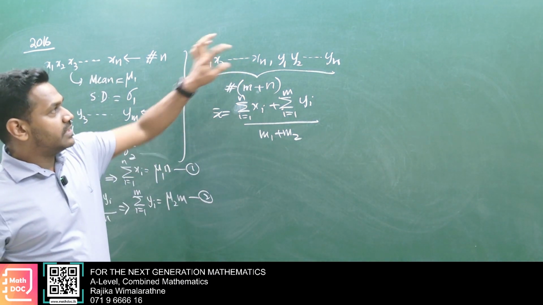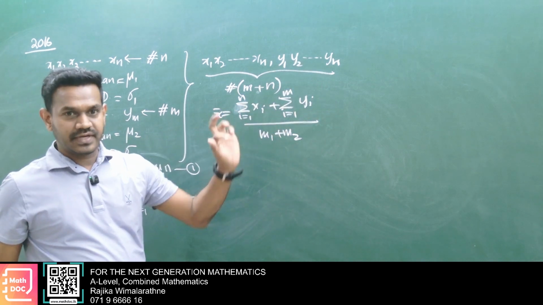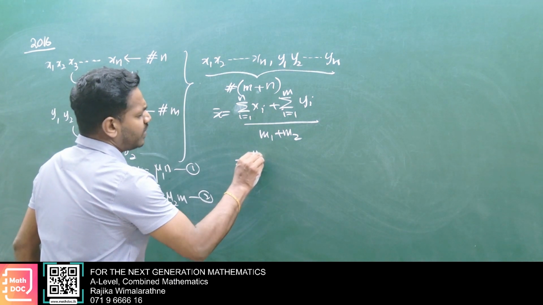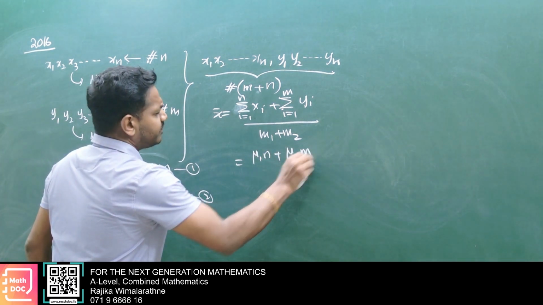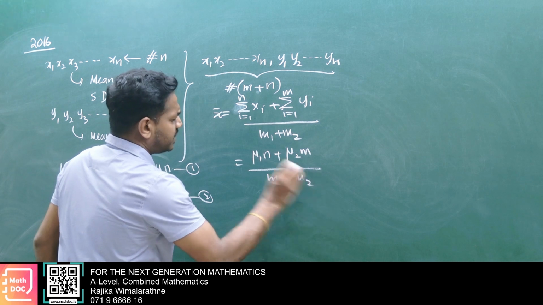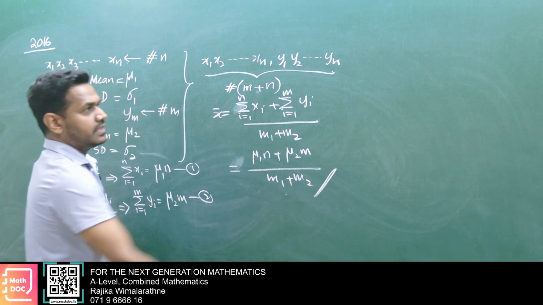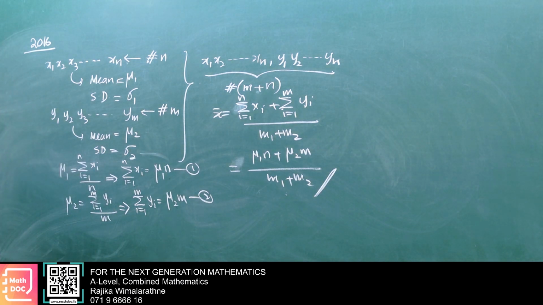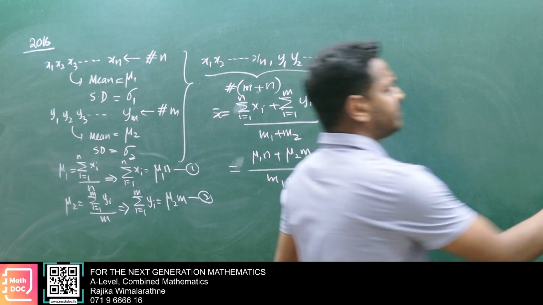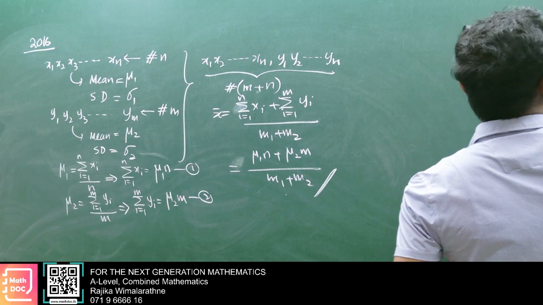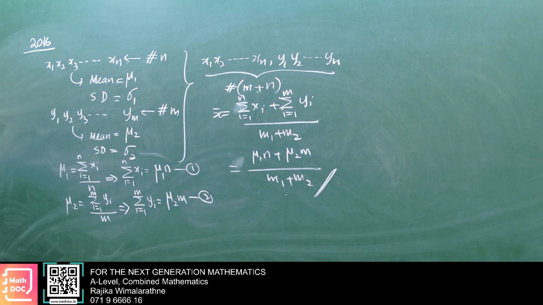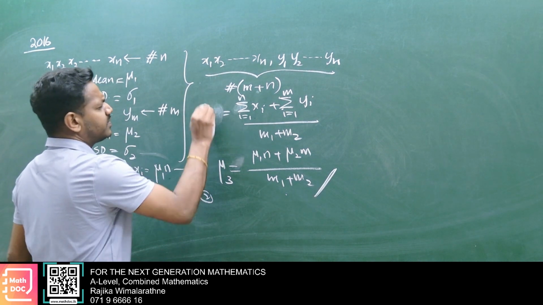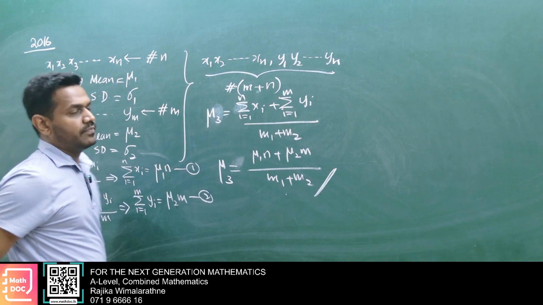We can do the sums separately, and they are known now, so put them there: mu1 n plus mu2 m, over m plus n. By that formula we can do it. Let's complete that. This is mu3, the mean of the combined set.